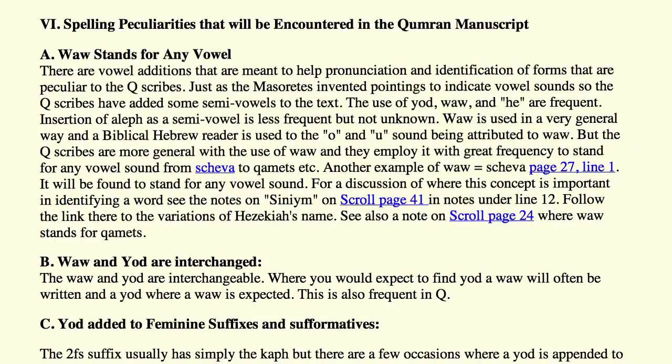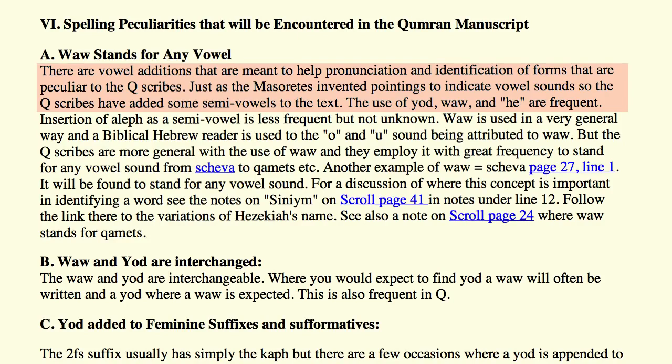This is the same article dealing with the Dead Sea Scrolls. It's focusing on the letter wa and the letter yod. It says, letter A, wa stands for any vowel. It says, there are vowel additions that are meant to help pronunciation and identification of forms that are peculiar to the Q, the Qumran scribes.